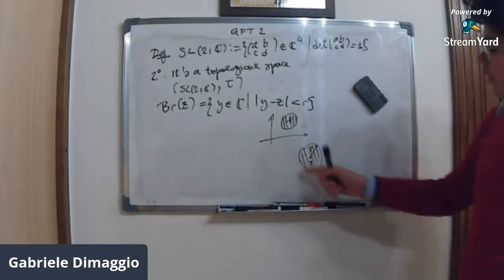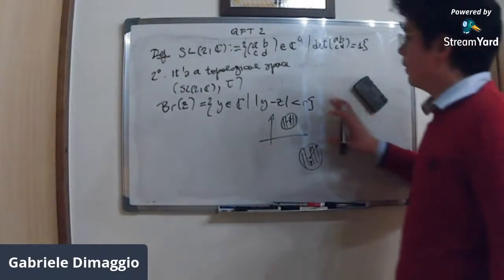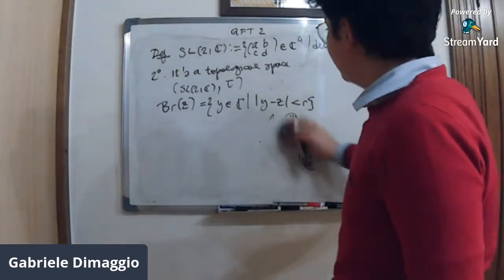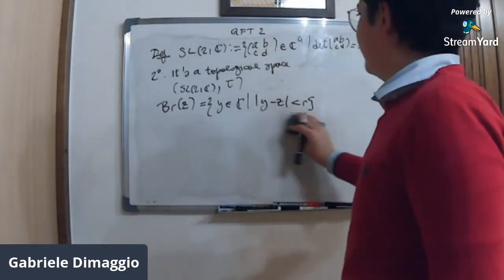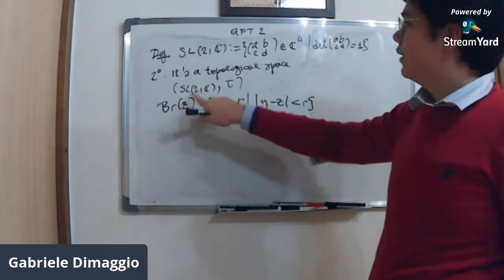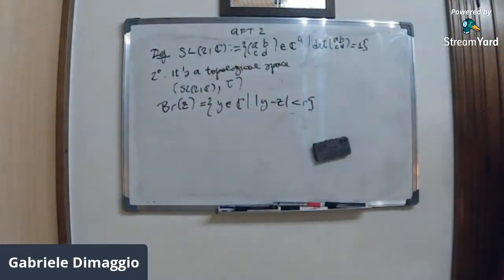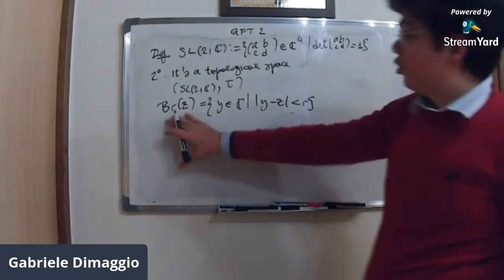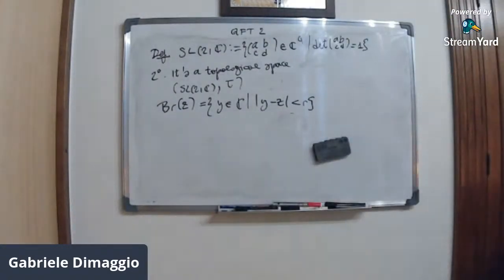So I take this set. This is a way to construct a topology over the set SL(2,C) to show that SL(2,C) is a topological space.